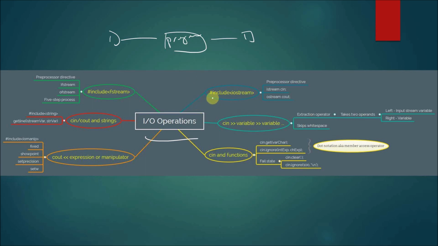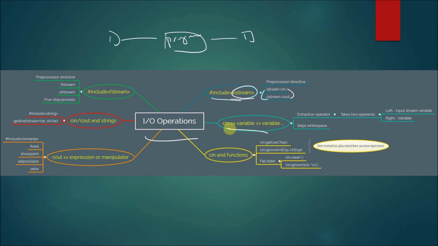When we want to input-output, one of the preprocessor directives that we need is iostream. With iostream, we have the two data types already defined for us, istream and ostream, along with our two stream variables, input and output, that already have been declared for us, so we don't need to declare them. It's best that we don't.